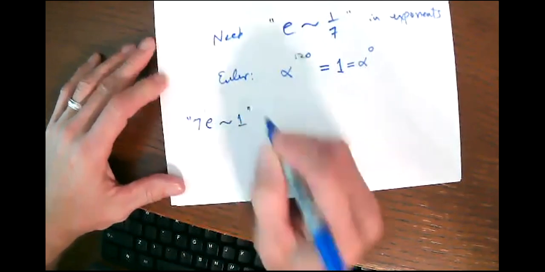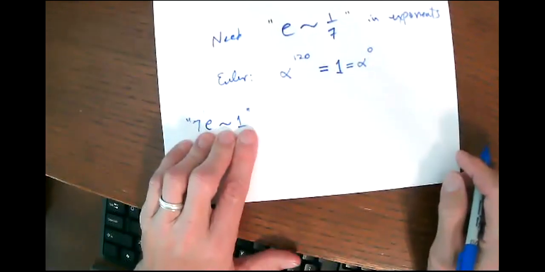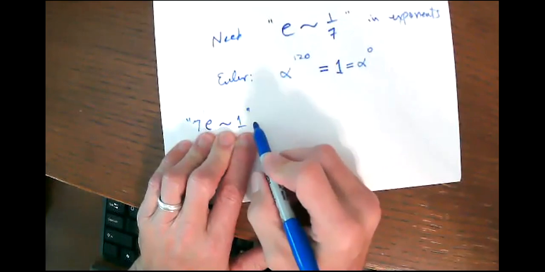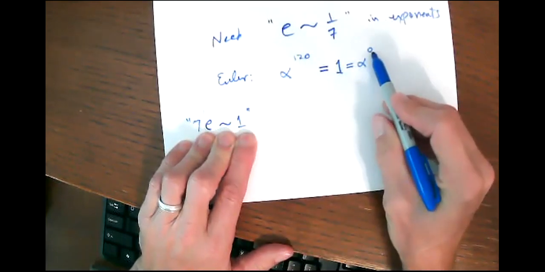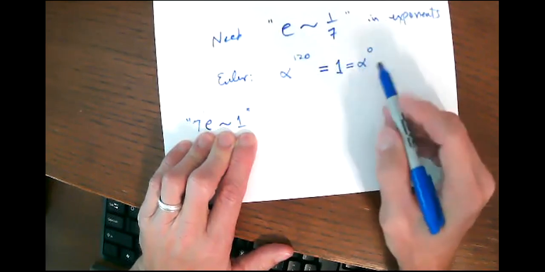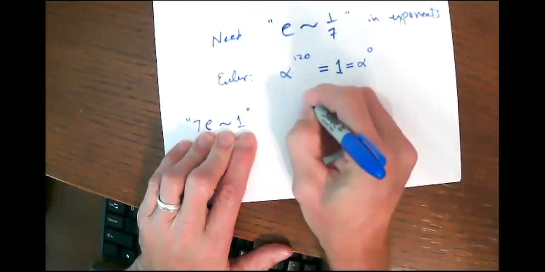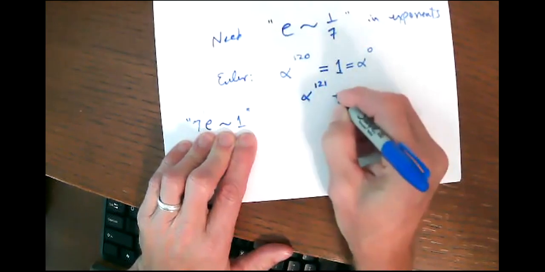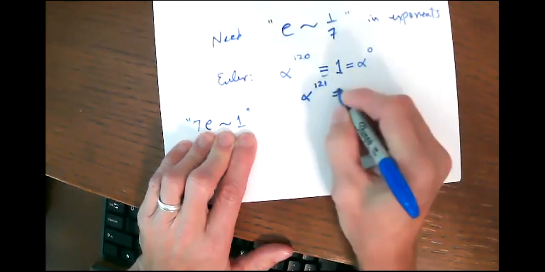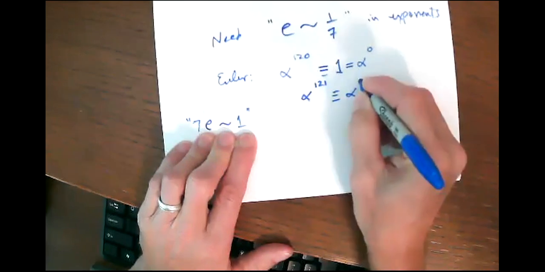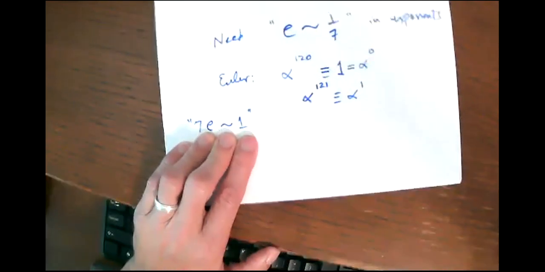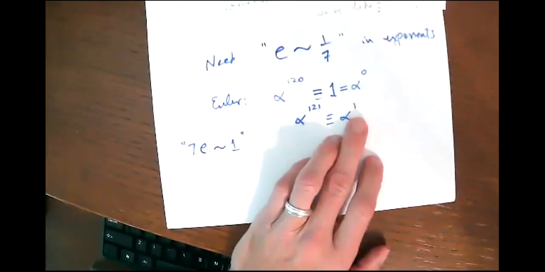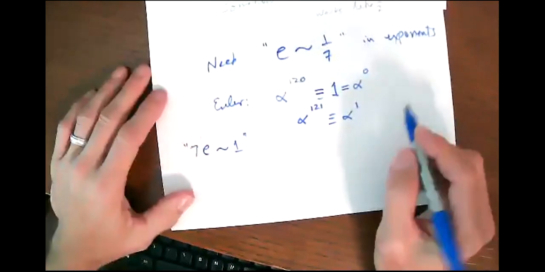I'm being pretty informal, pretty vague, but that's trying to set you up to say, wait a minute, taking something to the 120th power took me back to 1. In other words, taking something to the 0th power. If I'd gone 1 more power of alpha, that would have been congruent to alpha to the 1st power. So here, the number 121 acts like a 1 as far as exponents go.